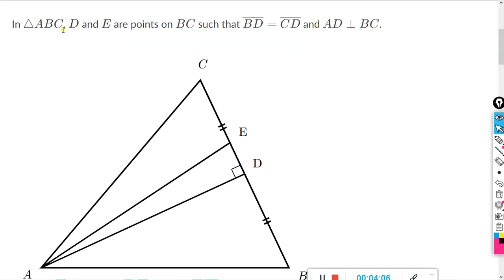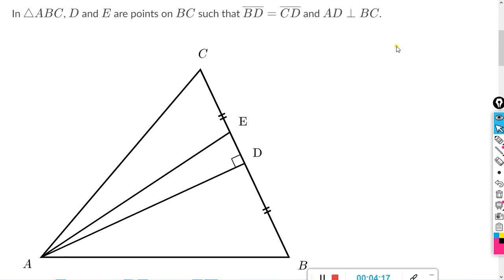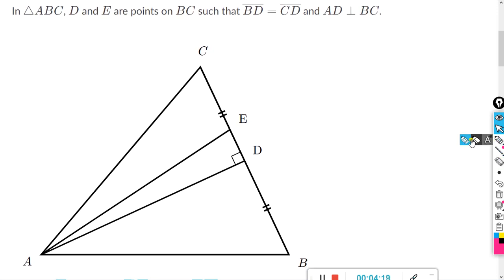Triangle ABC, D and E are points on BC such that BD equals CD and AD is perpendicular to BC. Let's see. BD equals CD. BD right here is the same as CD right here. CD goes from here to here, and then BD goes from here to here.